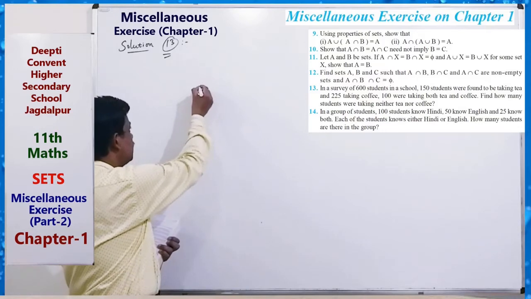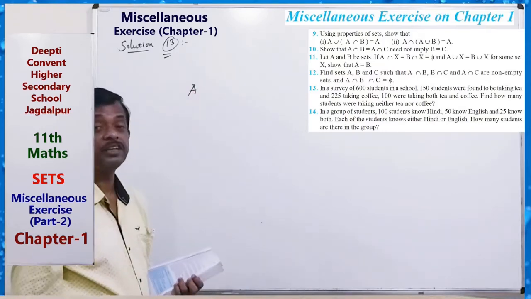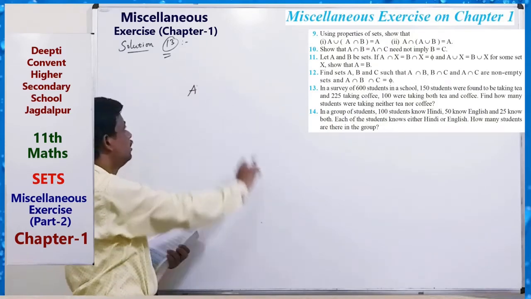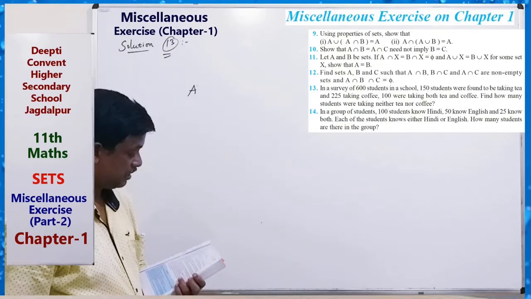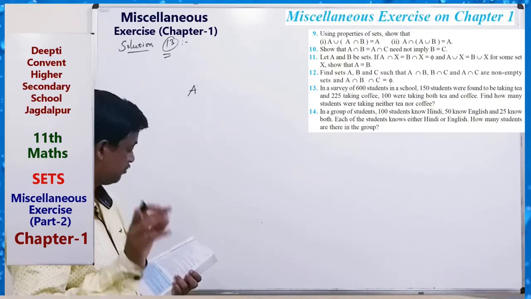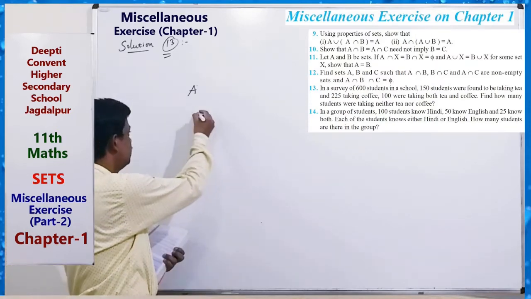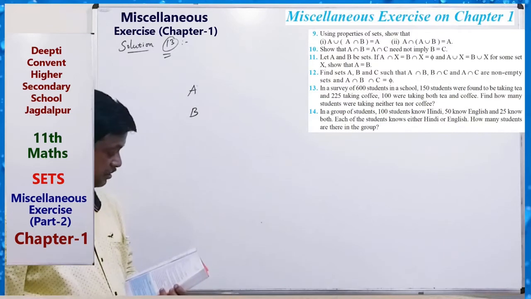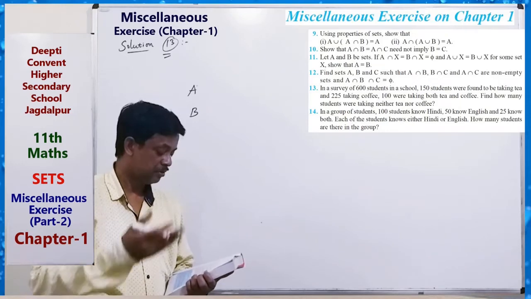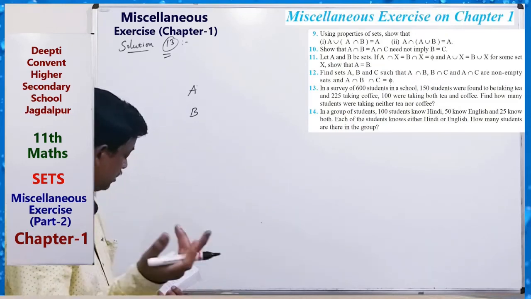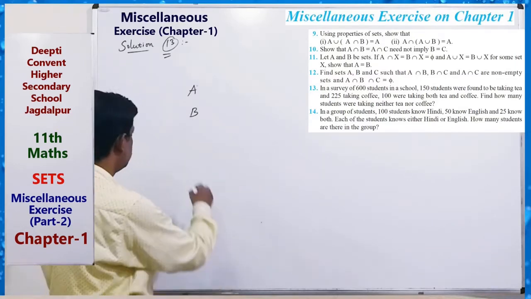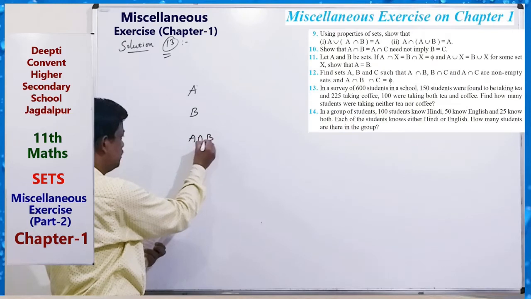Suppose A is the set of students who were found to be taking tea, and B is the set for coffee, and 100 take both, A intersection B.